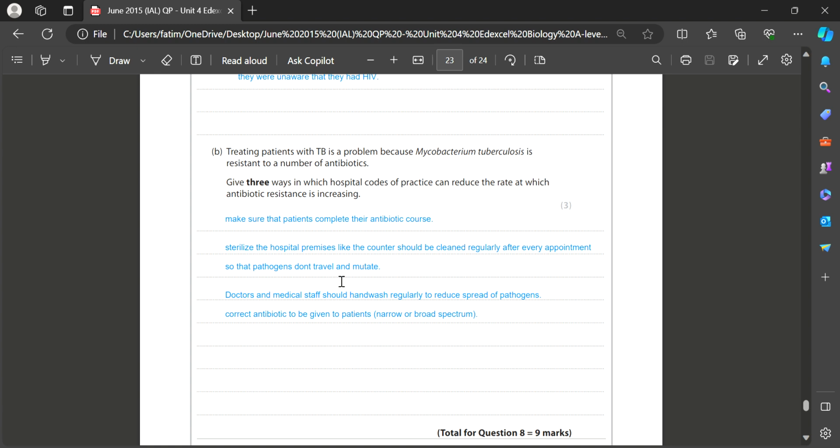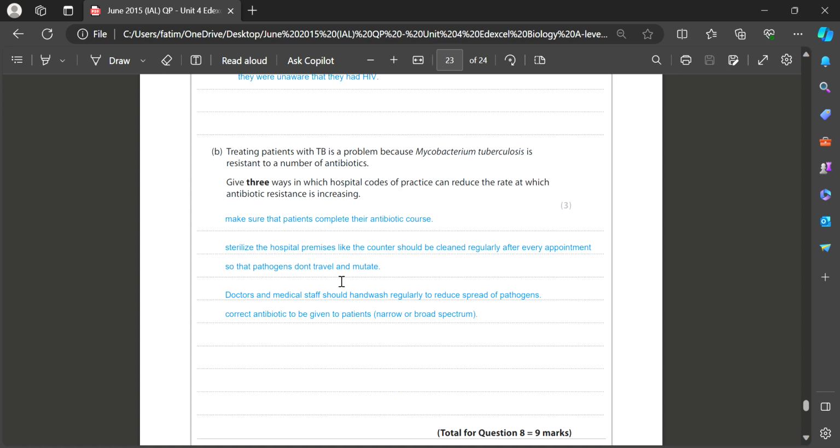And then correct antibiotic to be given to patients. So we know that there are two types of antibiotics, narrow and broad spectrum. We need to make sure that we're giving the right one, because narrow spectrum ones only work on a couple of bacteria, and they don't work on some, and it's really hard to generate more and more antibiotics, to process them, to put them through clinical phases and everything.